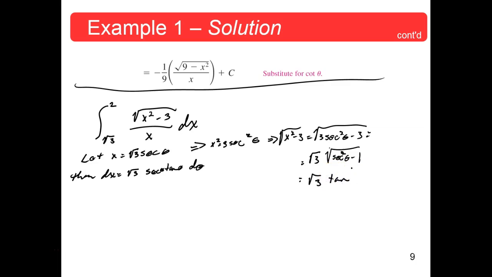Because secant squared theta minus 1 is tangent squared theta, and the square root of that would be that. Okay? One other little thing to do, what would that be?